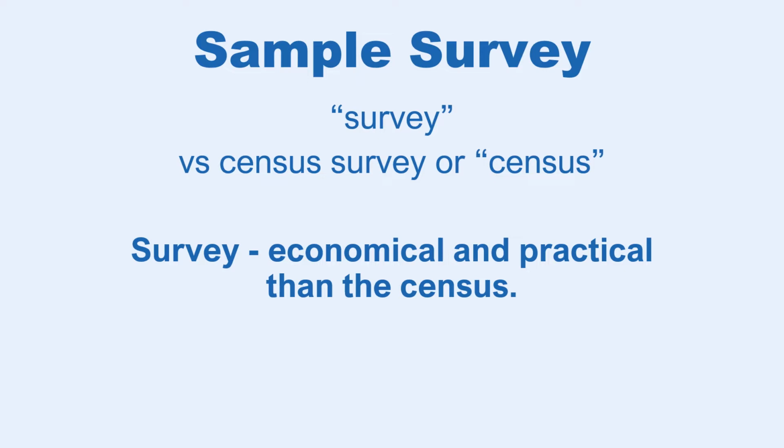In other words, I will be gathering data from 250 students. I don't need to take everybody. I don't need to get the data from all the 1,000 students. I just need my sample size of 250. That's just an example.